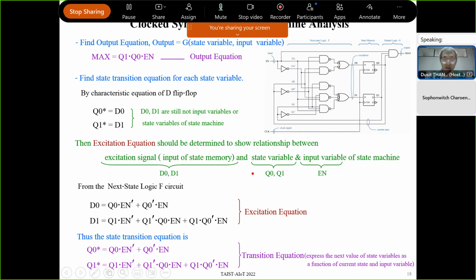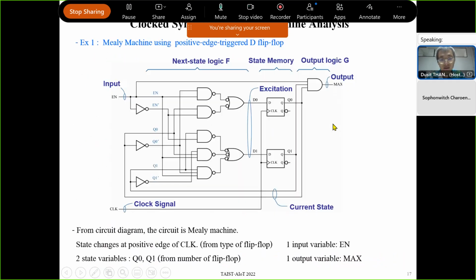So from this circuit diagram, D0 equals the OR of these signals together, and this one is AND between Q0 prime and input EN, and this one is Q0 and EN prime.